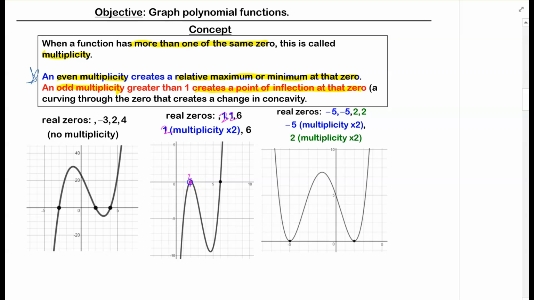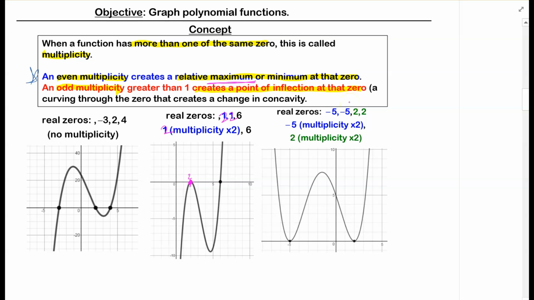So if you notice on the x-axis here, I didn't cross the x-axis. It created a maximum at that zero. So that's what the multiplicity does. You don't cross the x-axis, it creates either a maximum or a minimum. If I look at the next example, I have negative 5, 2, 2. So negative 5 shows up twice, so it has multiplicity of 2.